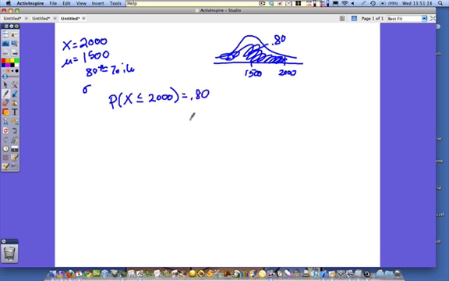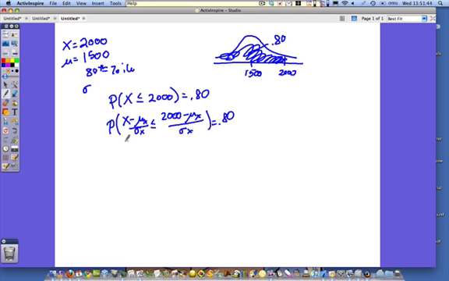There's the probability statement. Now we'll go ahead and standardize our random variable: (X minus mu of x) over sigma of x less than or equal to (2000 minus mu of x) over sigma of x equals 0.80. We've done the same thing arithmetically to both sides of this inequality, so algebra-wise we're still in good shape.